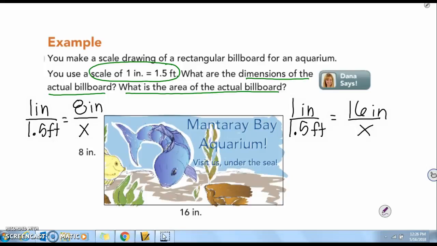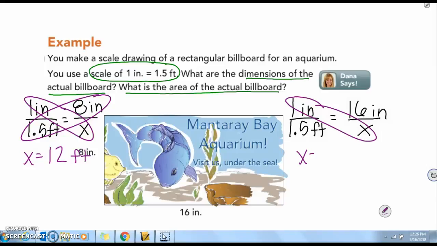To solve our proportion, we cross multiply. 1 times x is x, and then we multiply 8 times 1.5, and that's going to give us 12 feet. 1 times x is x, and 16 times 1.5 is 24 feet.